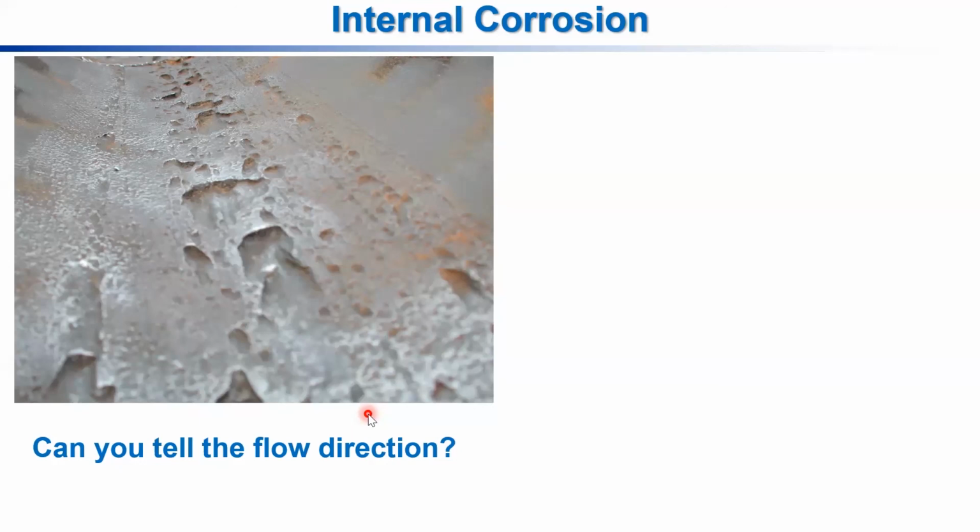Looking at the morphology of a pipeline, it is very difficult to tell what was the cause. There are perhaps 5 distinctive characteristics that can lead you to believe one way or the other, okay? That's a subject for a separate seminar, but I just want you to bear in mind and take with you the message that if you look at the morphology of a piece of material that has failed, it's very difficult to assess what was the cause.